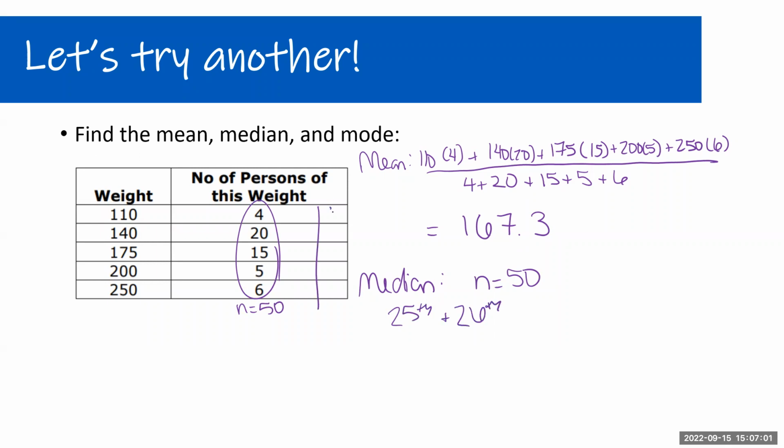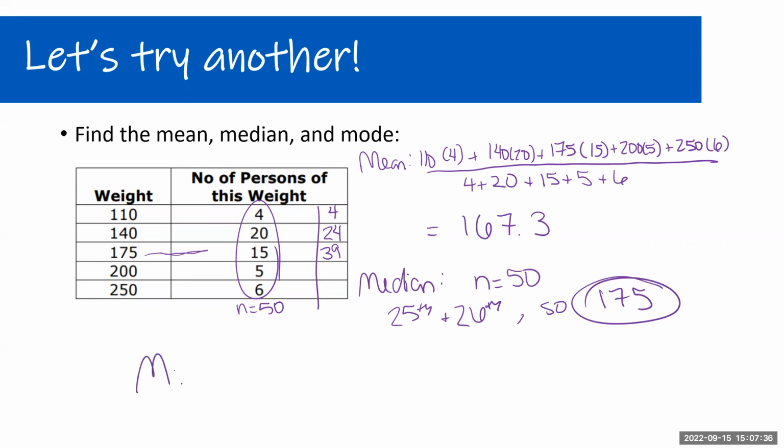If we add them up, these are our first 4, and then we have 24 by the end of 140, and then we list the 175s, and we'd be up to 39 here. The 25th and 26th observations have to be 175. So the average of 175 and 175 will be 175, okay? So our median is going to be 175 here.